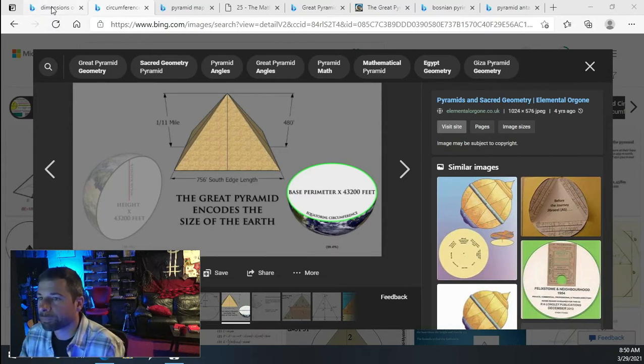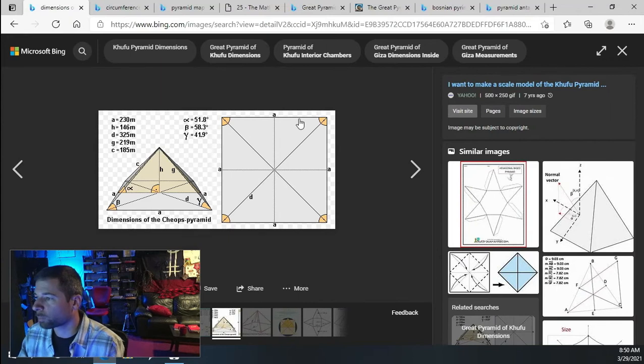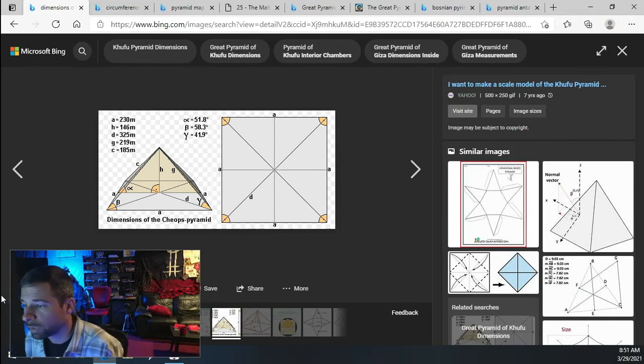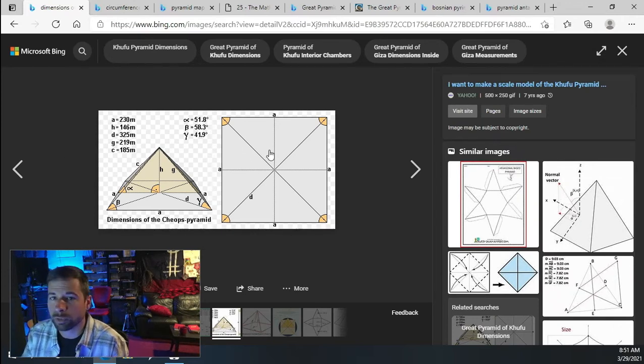relationship. The best way to start out looking at this is the base of the pyramid, the square, is not a perfect square. This dimension D is slightly longer than this adjacent dimension by about 7 centimeters, which is incredibly small. People thought it was a mistake for the longest time, and that the difference in these sizes is equal to the dimension of the equator to latitude dimension of the Earth.